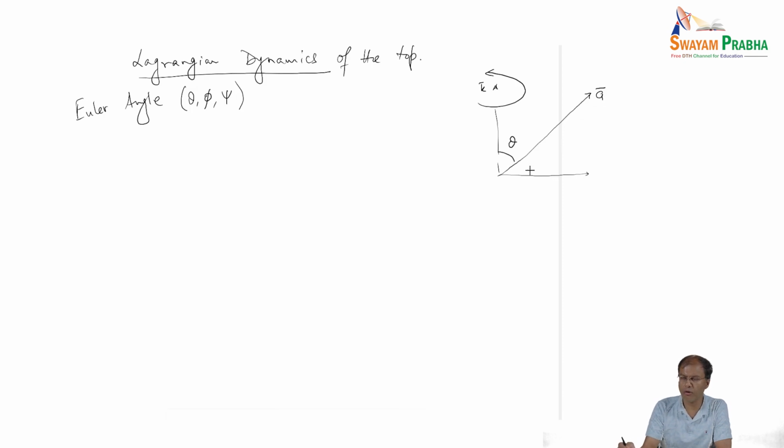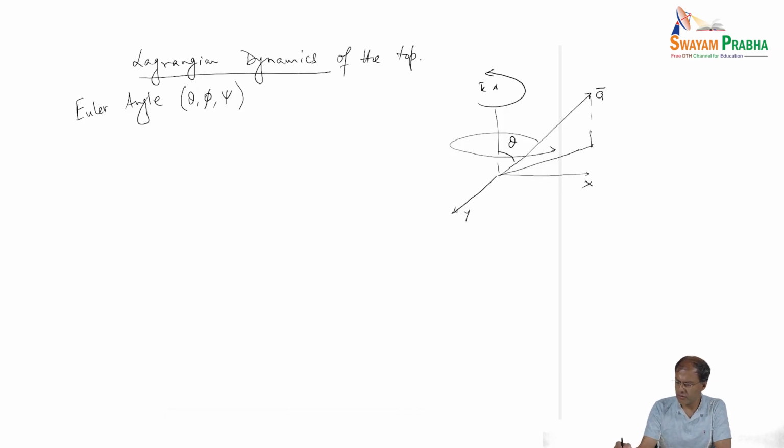So this is our top axis, which is a bar, and then it is also being swiped. So along the plane of motion, this is the plane of motion, we have x, y.